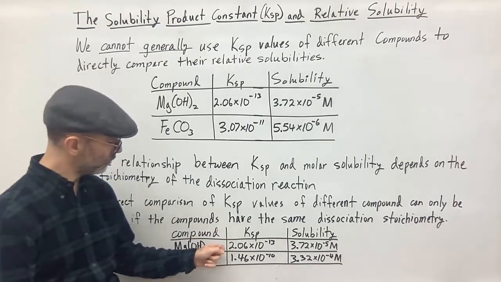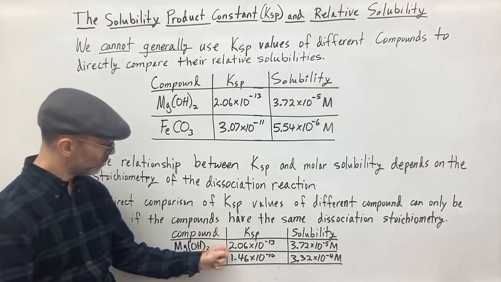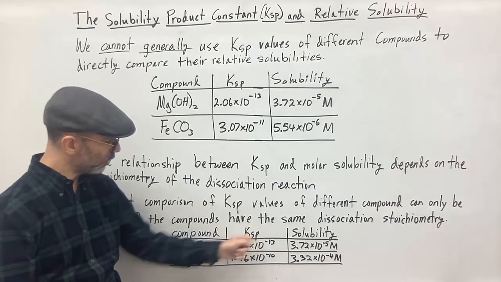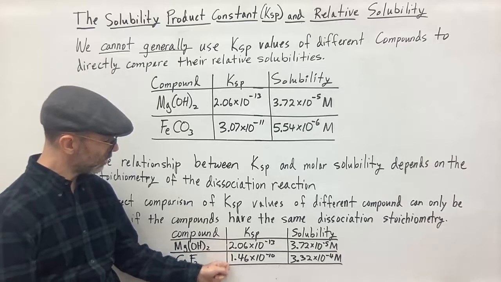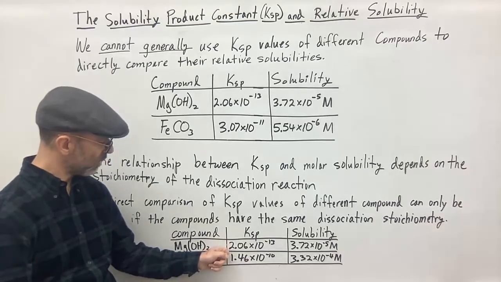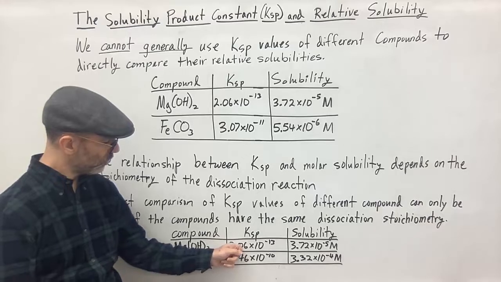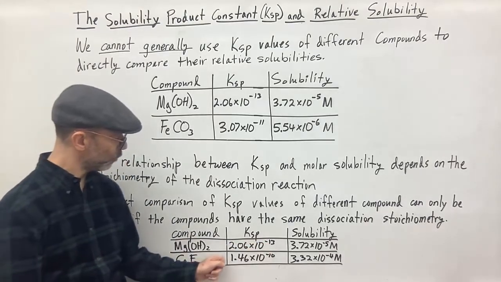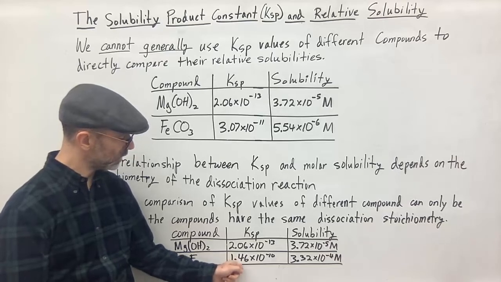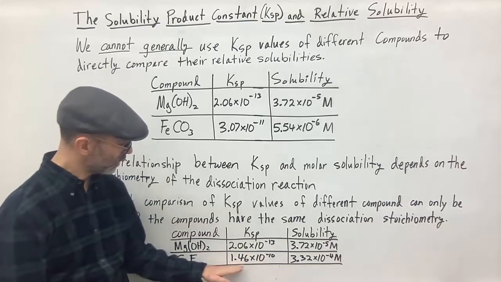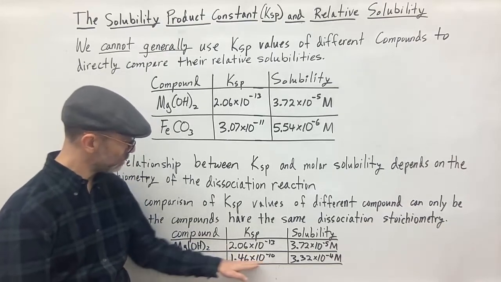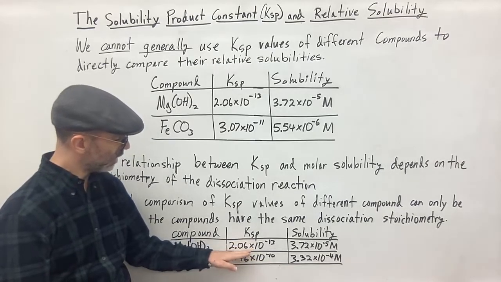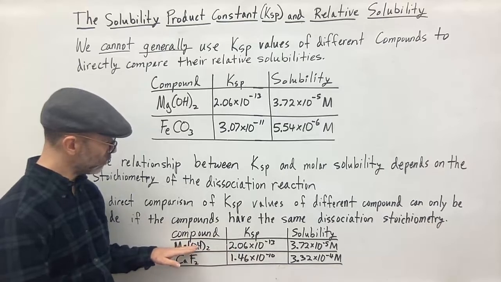And so now when you're comparing the solubility product constant, magnesium hydroxide again has 2.06 times 10 to the negative 13. And here calcium fluoride has 1.46 times 10 to the negative 10. So you can see here that the KSP for calcium fluoride is larger than that of your magnesium hydroxide.